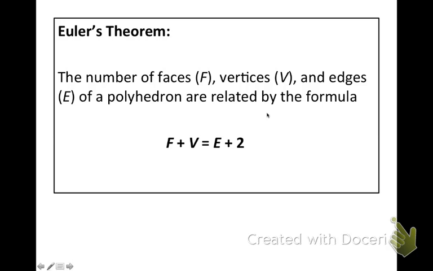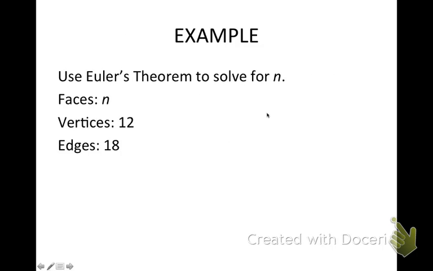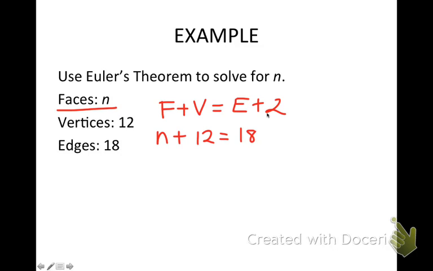You good? All right. So here we go. We're solving for the number of faces. So F plus V is equal to E plus 2. What's going to go in place of F? N. How many vertices do we have? 12. How many edges? Plus 2.